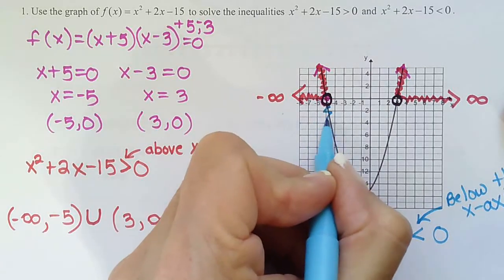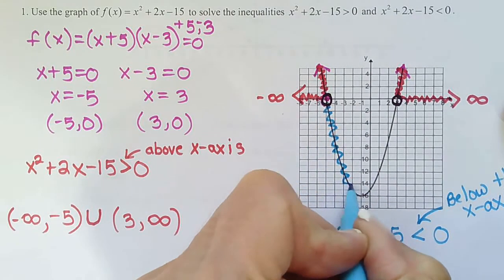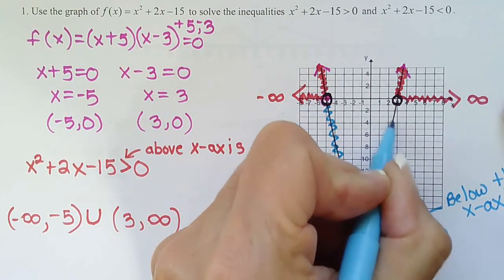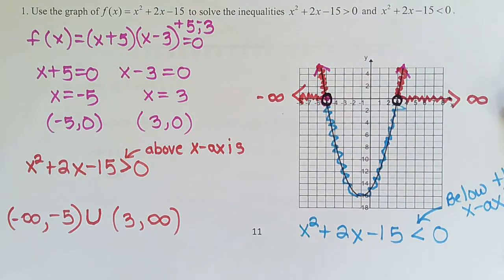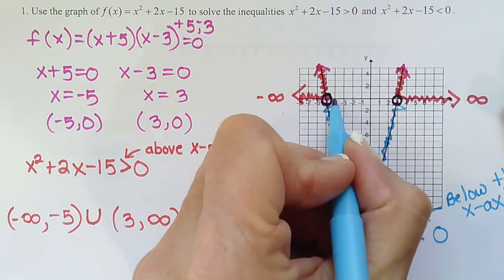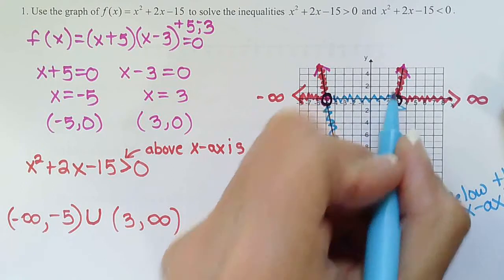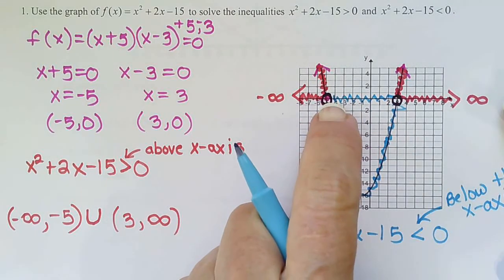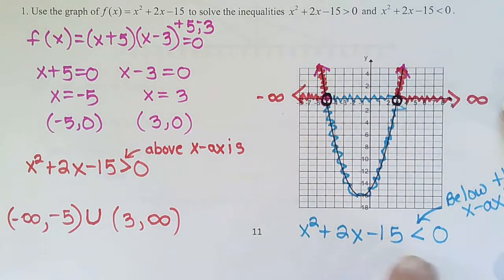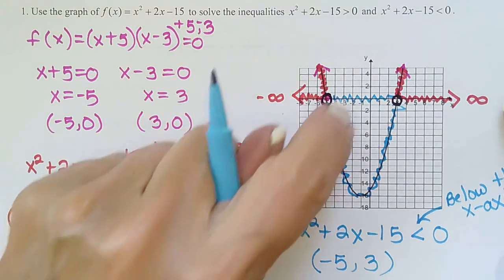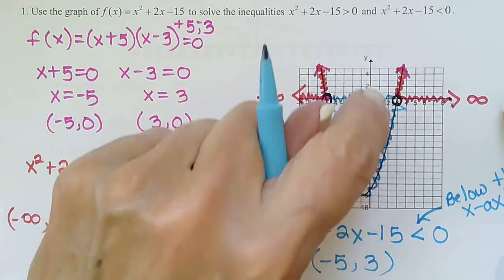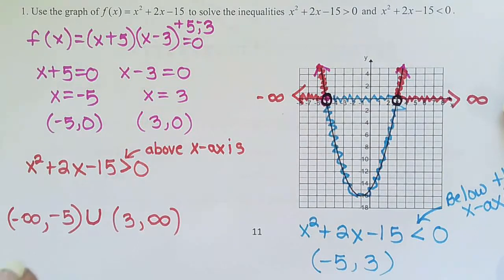And that would be here up to here. So that would correspond to these x values. And this is negative 5. This is 3. No equal sign, so we'd write (-5, 3). So every x value between negative 5 and 3 will be assigned to a y value below the x-axis.